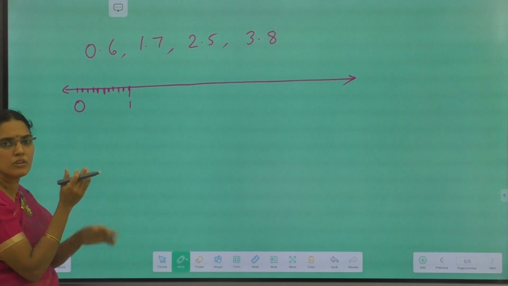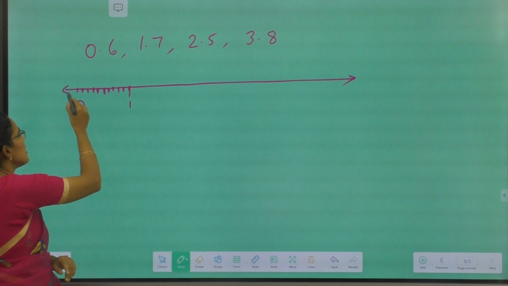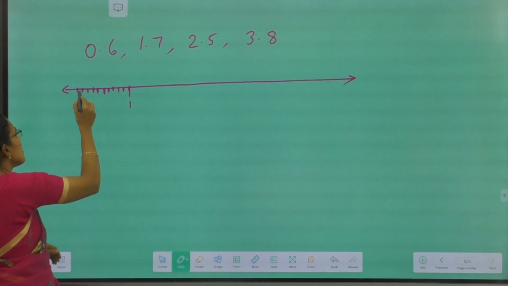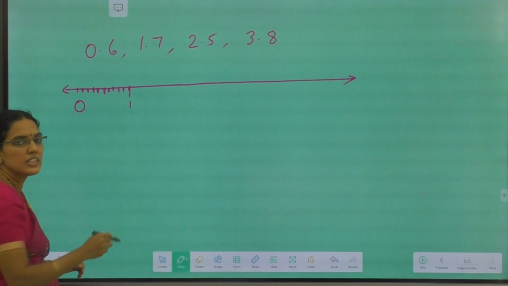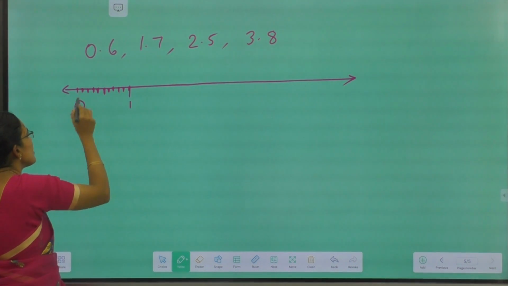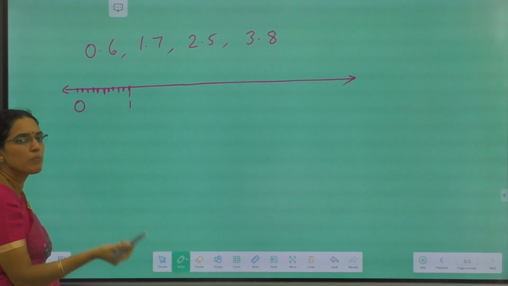If you see your measuring scale also, 1 centimeter is divided into 10 equal parts. Here each part is 1 millimeter. Why? Because 10 millimeters gives 1 centimeter. 1 millimeter is the 10th part of a centimeter. 1 by 10, the decimal is what? 0.1.